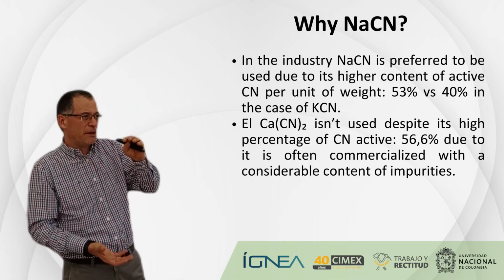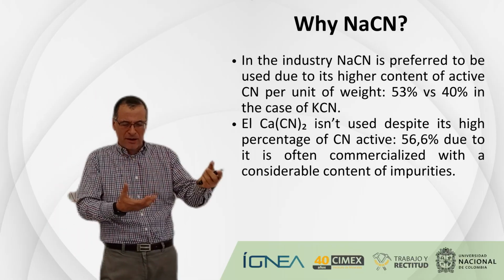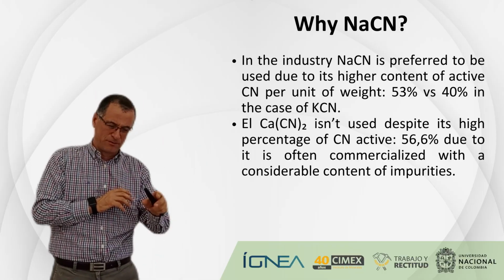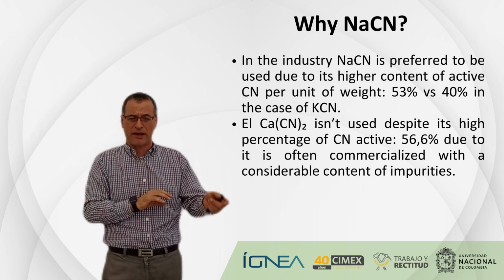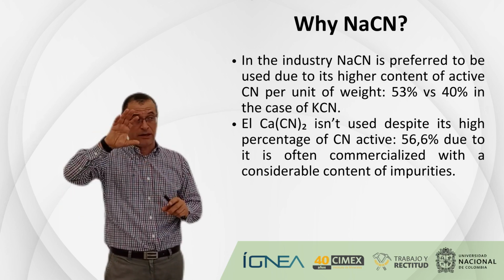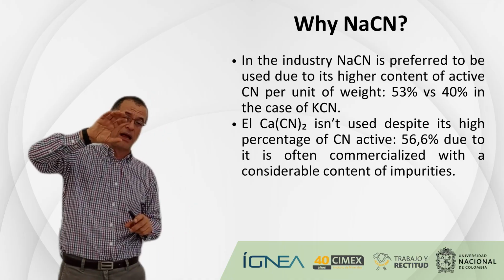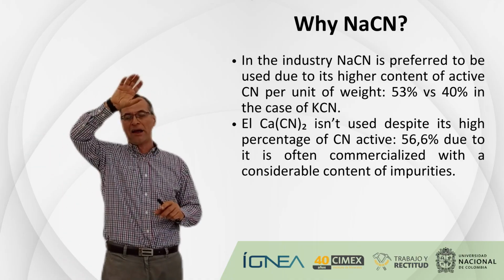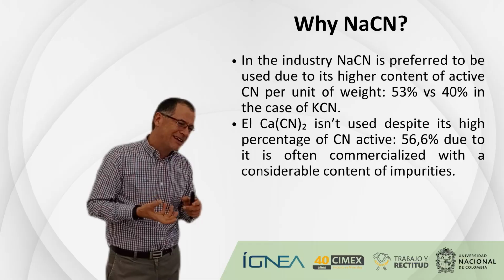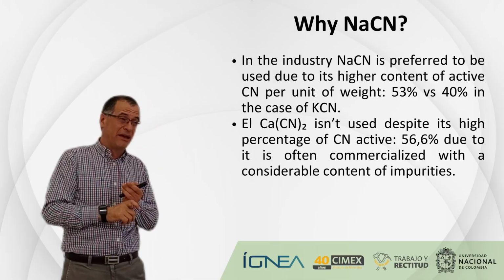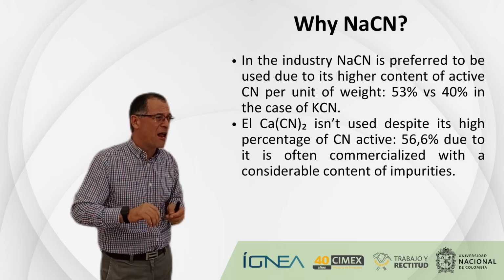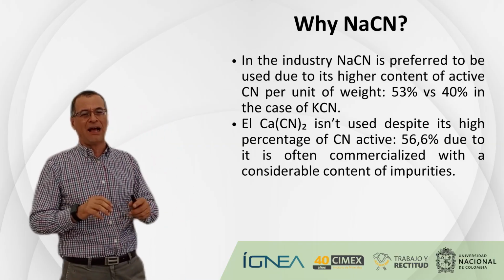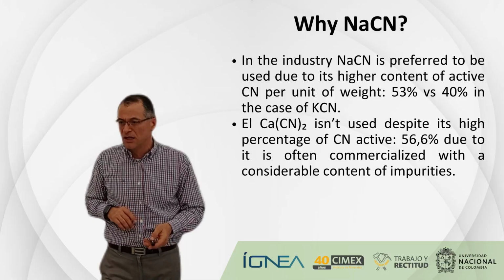The active cyanide is higher in sodium than in potassium. Maybe we could use calcium cyanide. But for calcium cyanide, the active cyanide content maybe could be higher, but it's not very easy to obtain. Calcium cyanide is not very commercial, and it's very common to have impurities that could change the characteristics of the product.